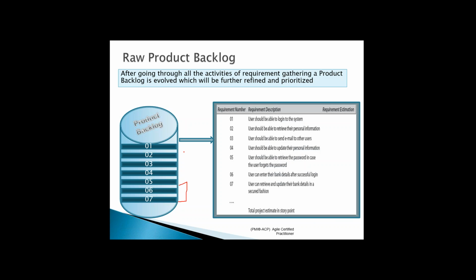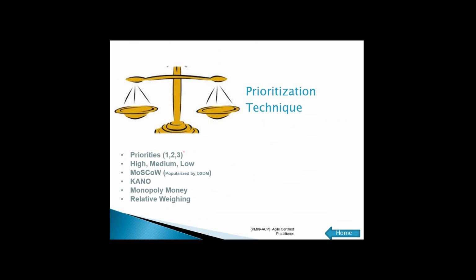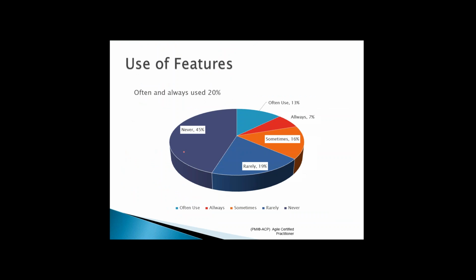And here are the list of requirements. And we have discussed about the prioritization techniques. Let us do a deep dive in all of these things. This is a typical thing, right? Survey which was conducted. How many features do we use?